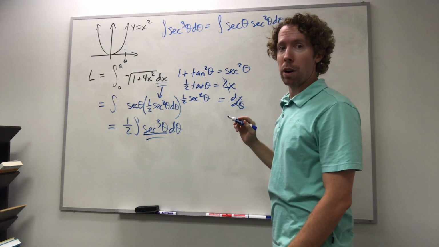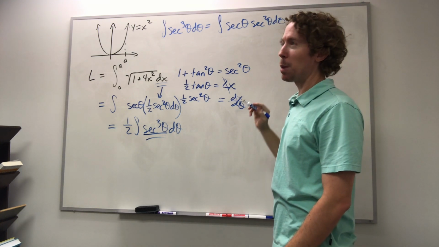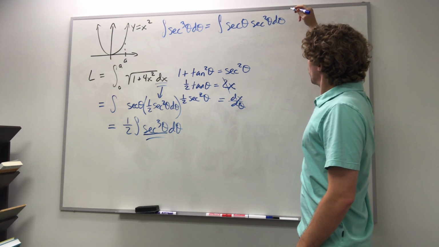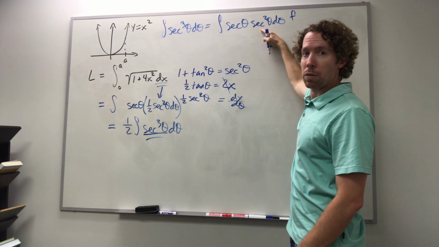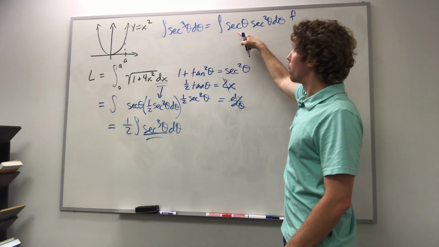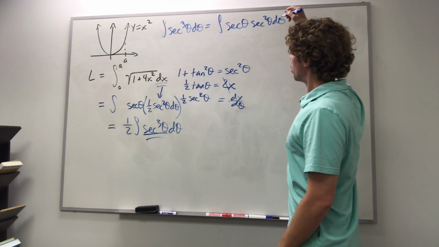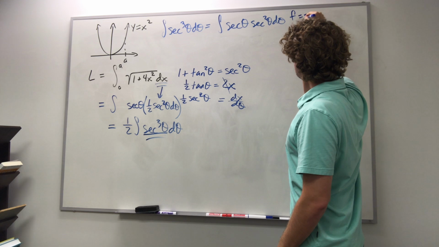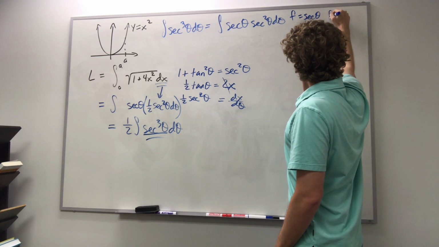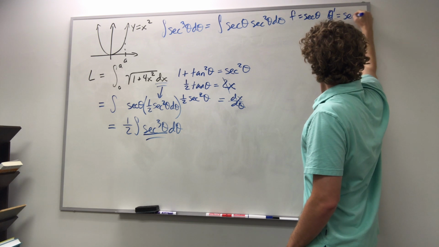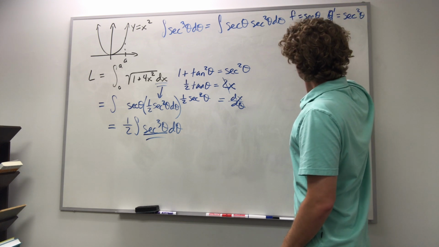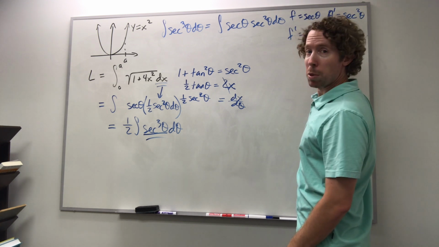I'm going to use the product rule, the integration by parts. I know I can find an antiderivative for secant squared, and I can find a derivative for secant. So I'm going to choose f equals secant, and g prime equals secant squared, and f prime is secant tangent.